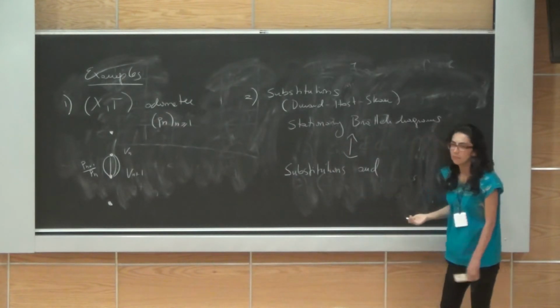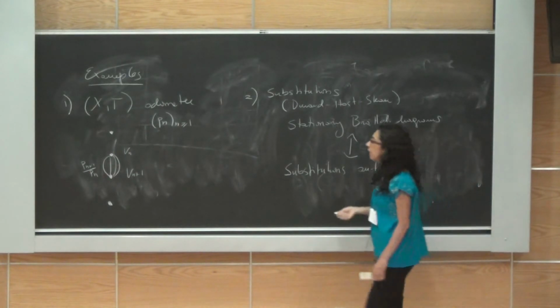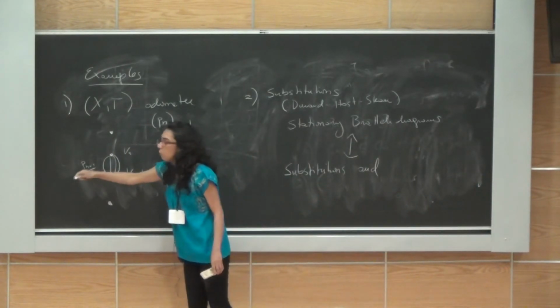And stationary odometers means that Pn plus 1 divided by Pn is always the same, it's constant.